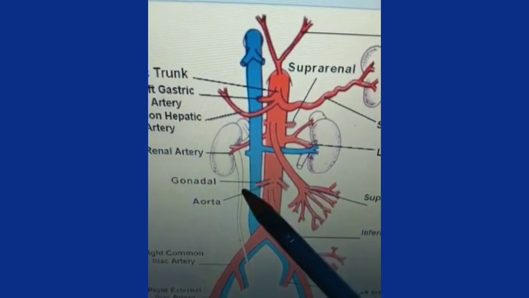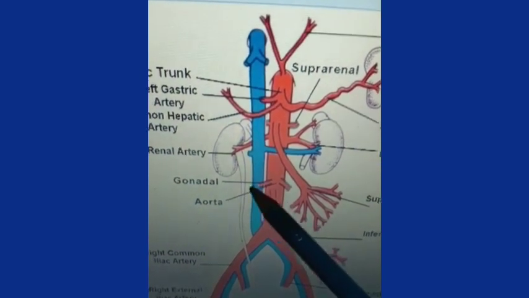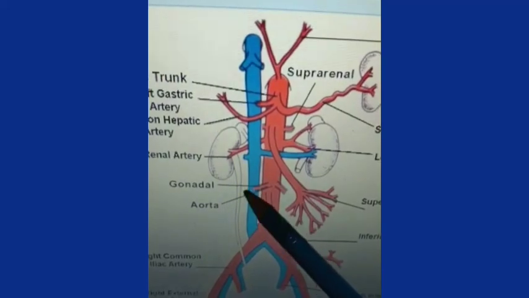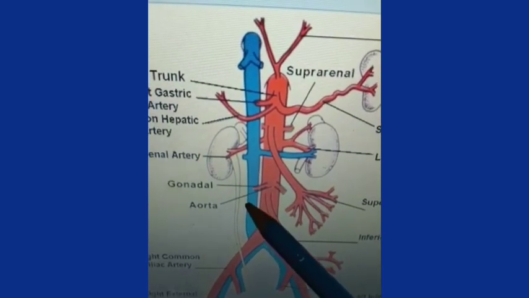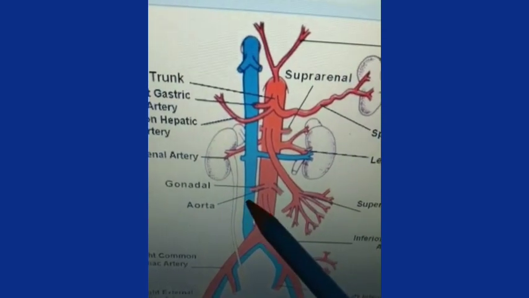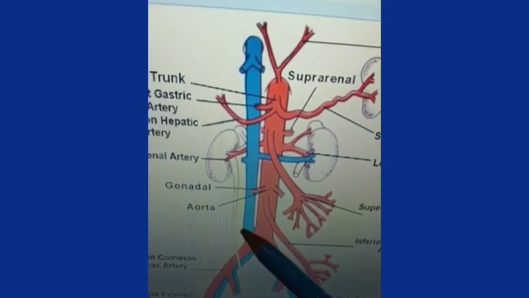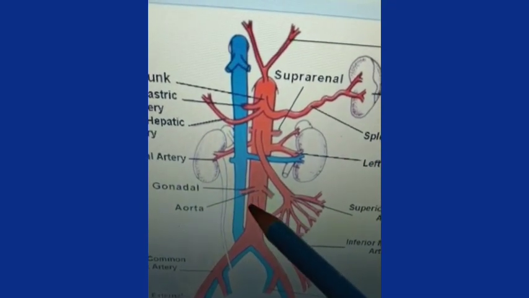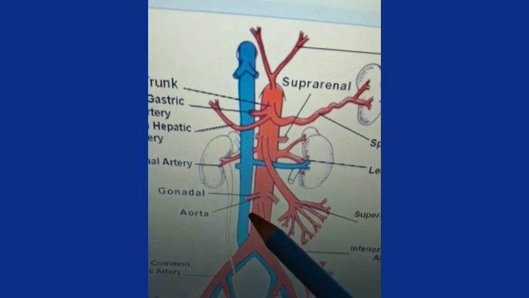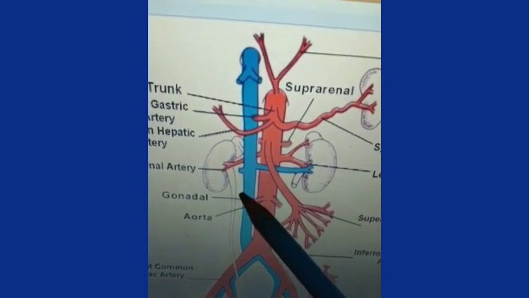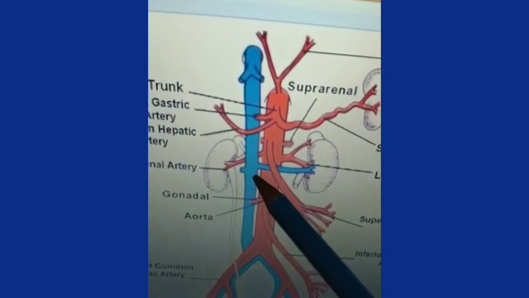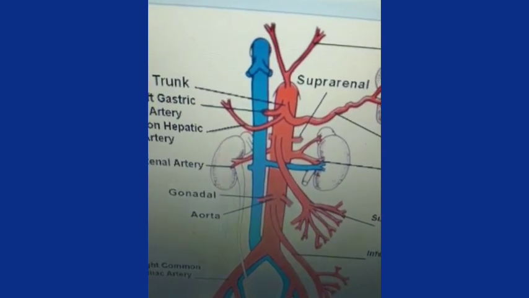And in females, the gonadal artery will break into the ovarian artery, and it will supply the uterine tube and the pelvic part of the ureter.